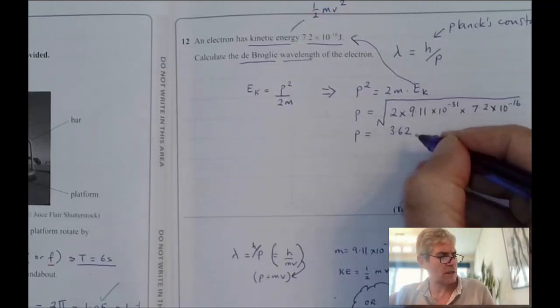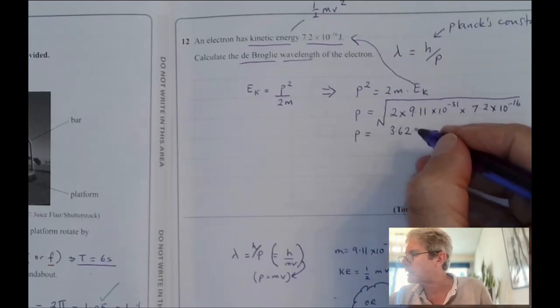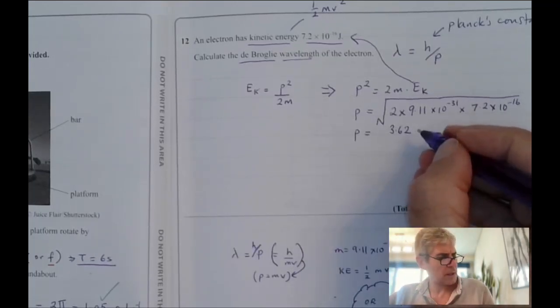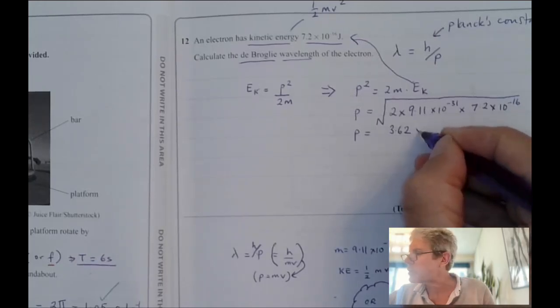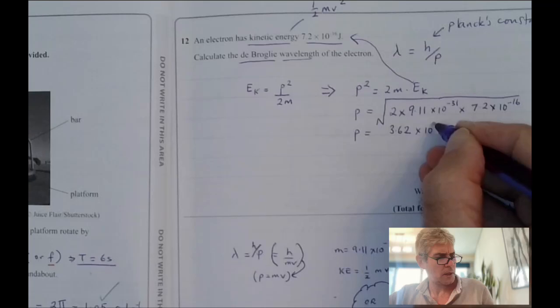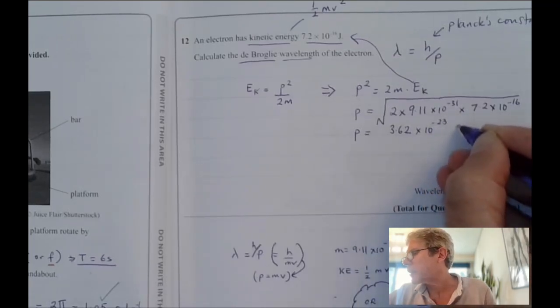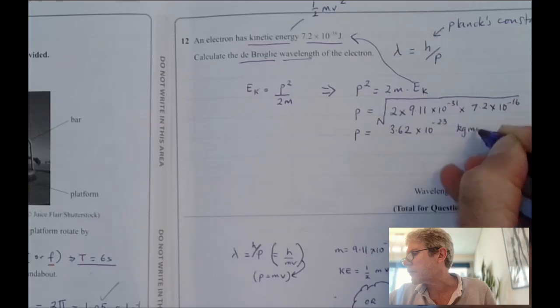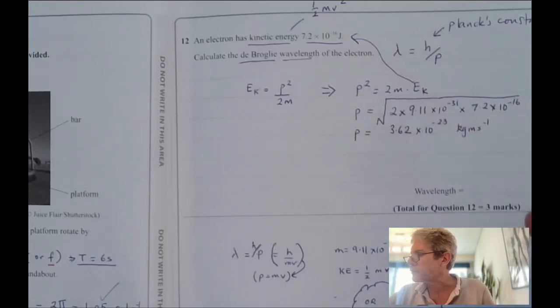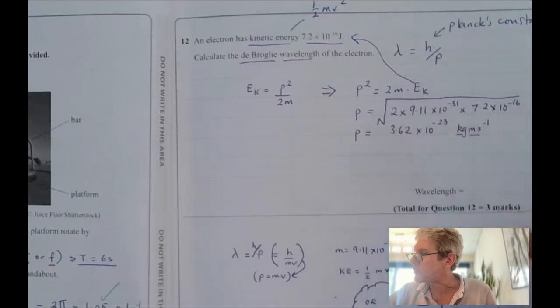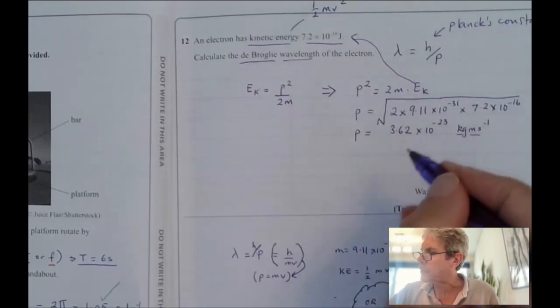Don't put loads of significant figures down on the exam paper, because the data we're given is only accurate to 2 or 3. Times 10 to the minus 23. You can either use kilogram meters per second or Newton seconds. I prefer kilograms meters per second because it shows us the mass times the velocity. Don't forget to put the units in.